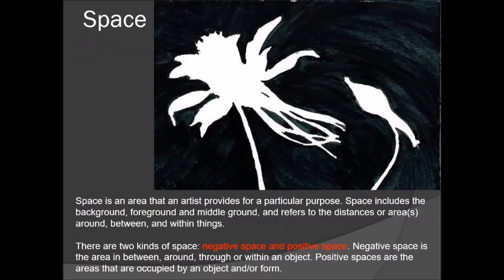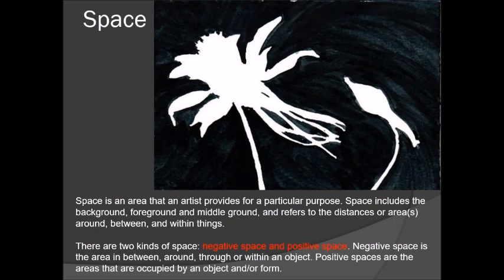Space is created by you as the artist for a particular purpose. It has a background, a foreground, and a middle ground. It also includes the distances or areas around, between, and within things. Now there are two kinds of space, negative and positive space. Negative space is the area between, around, through, or within an object.